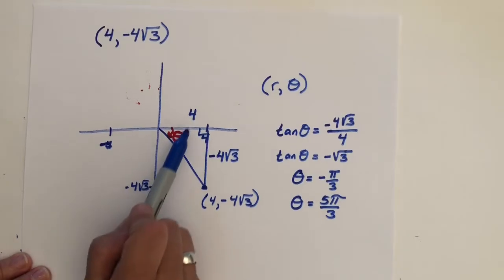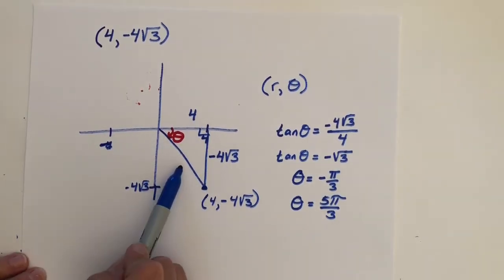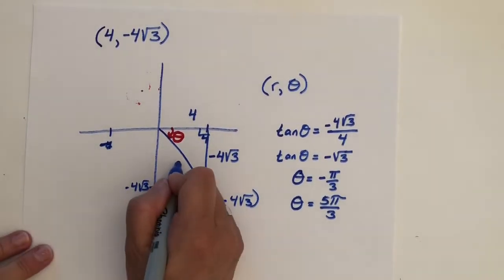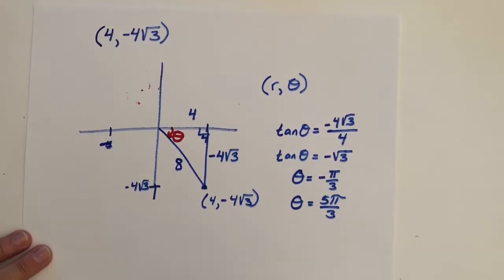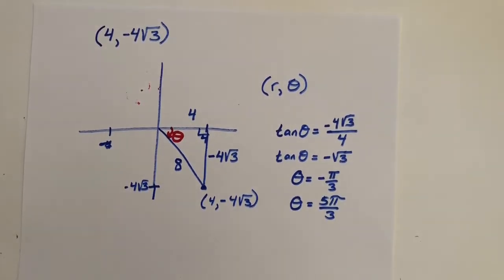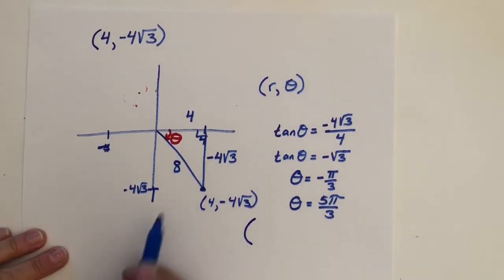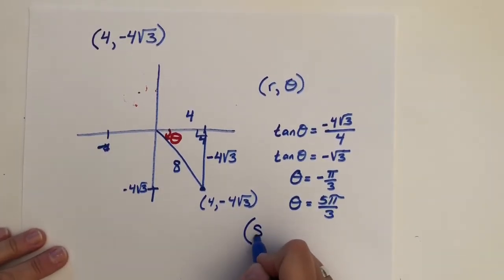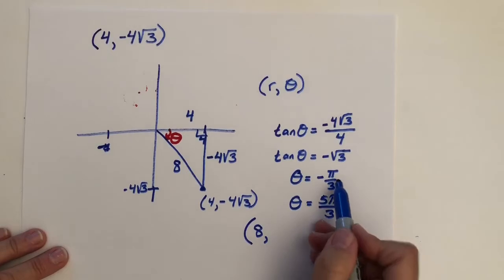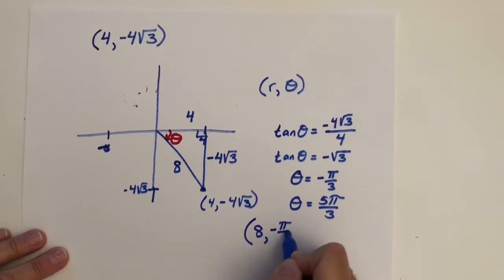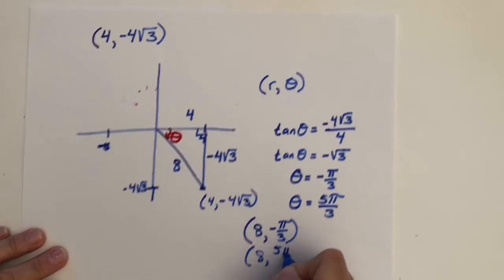So if we know this is 4 and this is 4√3, I hope you know that this side right here would be 8, knowing we have one of our special triangles. If you didn't recognize that, then you would use your Pythagorean theorem to find it. So my r value, I'm going to leave as positive 8. And my theta could be -π/3 or 5π/3.